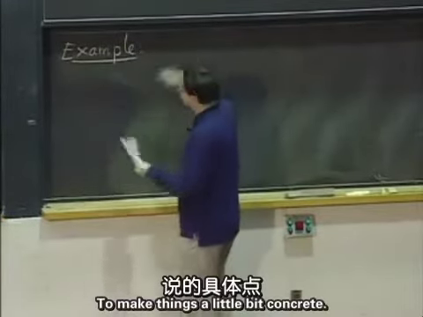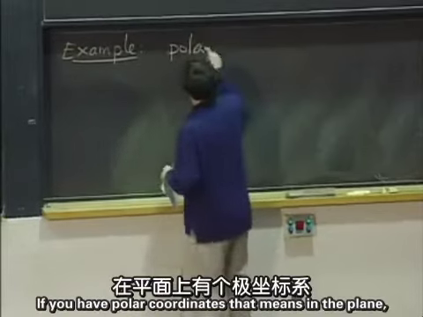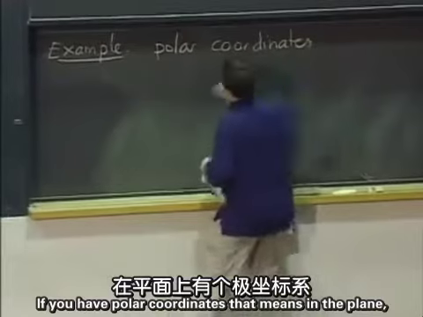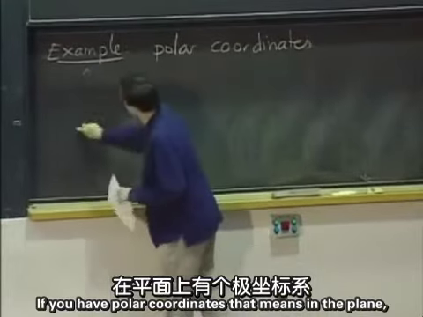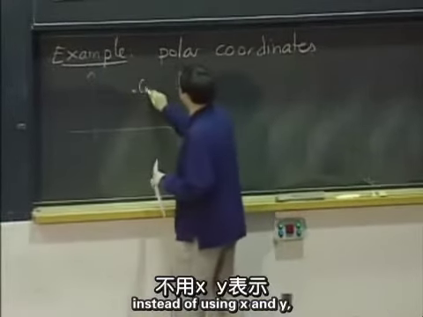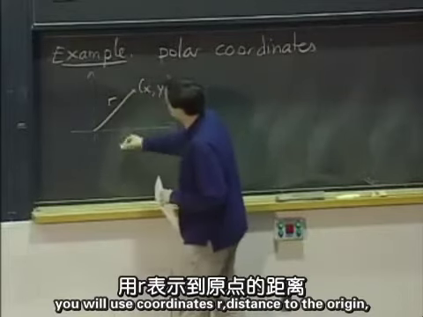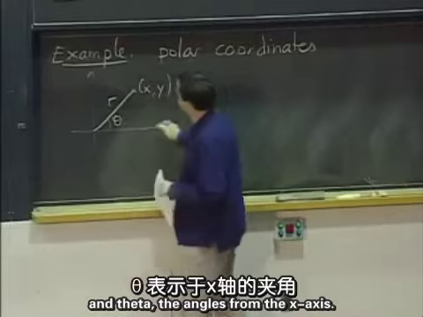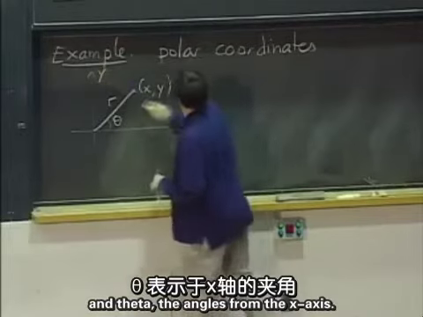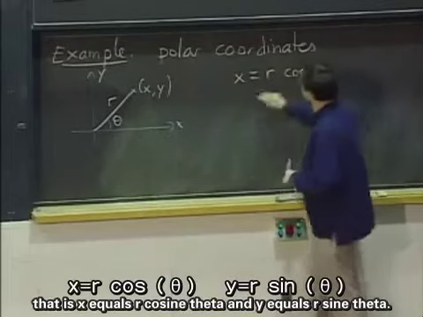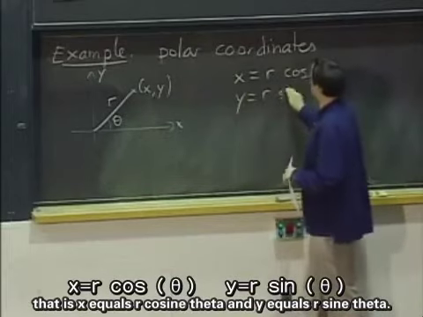Just to make things a little bit more concrete, if you have polar coordinates, that means that in the plane, instead of using coordinates x and y, you will use coordinates r, distance to the origin, and theta, the angle from the x-axis. So the change of variables for that is x equals r cosine theta, and y equals r sine theta.